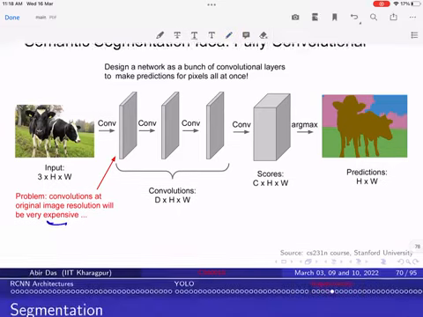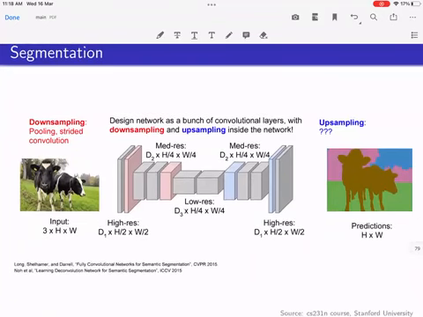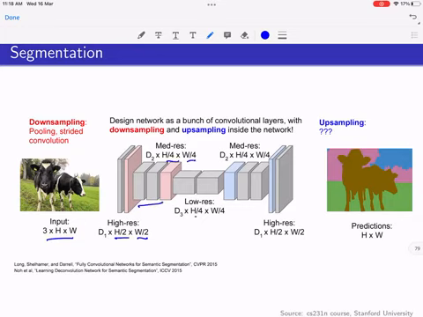So what do you do? That is the idea. This is normal convolution. So you do this 3 cross H cross W, then after pooling once, it becomes H by 2 by W by 2. Then again you pool, it becomes H by 4 by W by 4, and so on, right?